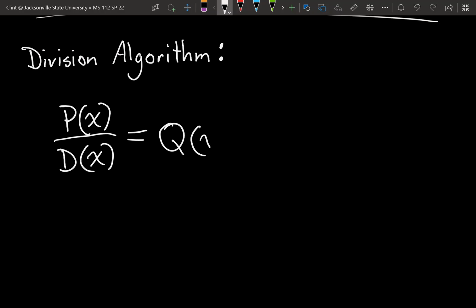We'll have a polynomial called q of x, plus r of x over d of x. There's a reason why they all start with these letters.